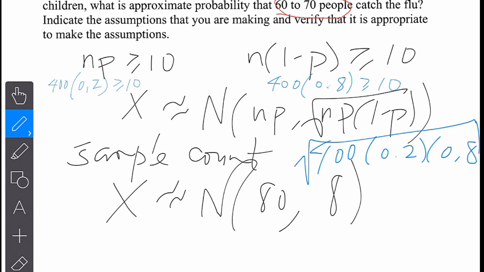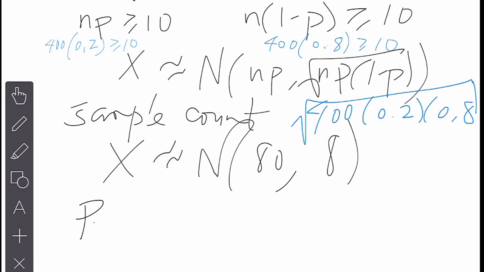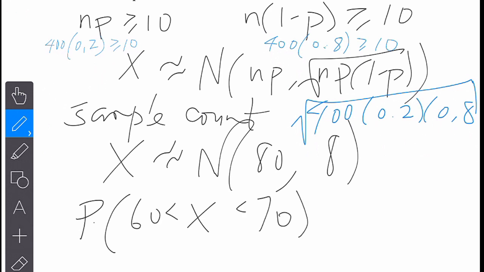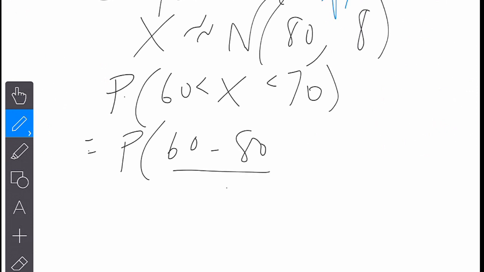So now let's answer the question. The probability that between 60 and 70 catch the flu, so that's going to be using X. This is what we want to solve, where X is approximately normal, so our result is an approximation. That turns X into Z when I standardize.